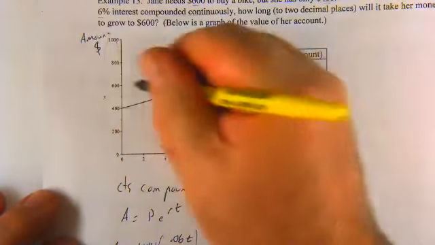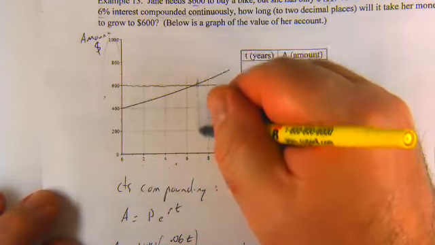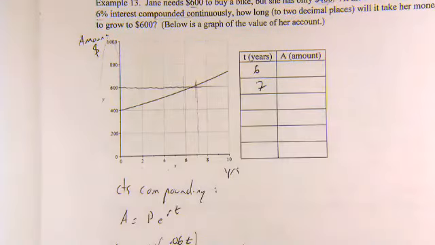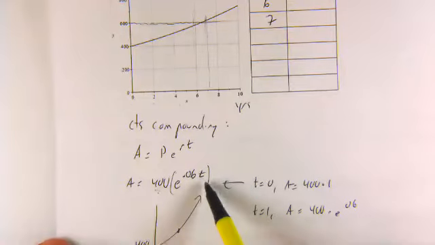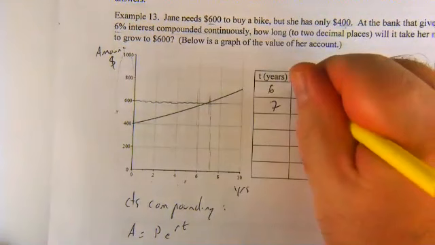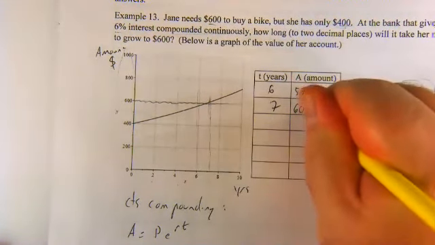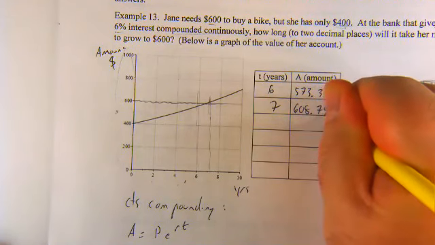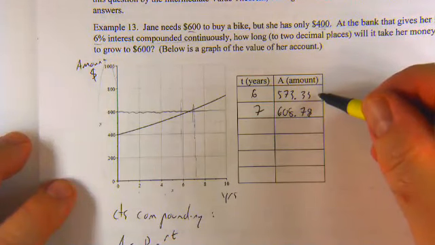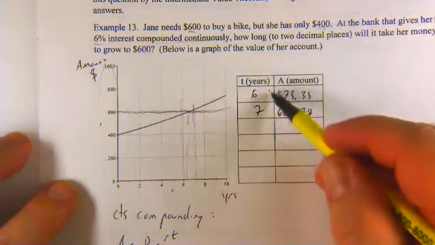We want to know, when does the graph get to $600? It's somewhere between 6 years and 7 years. You can plug that into your formula and see what the amount is in the account. After 6 years, she has $573.33. After 7 years, $608.78. So the graph goes through the line 600 where the x value is somewhere between 6 and 7.